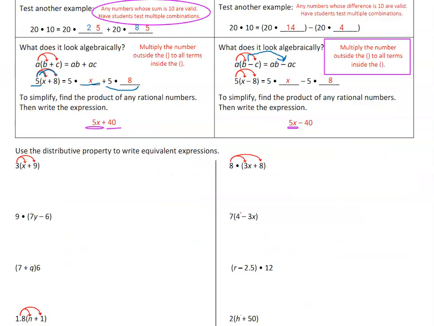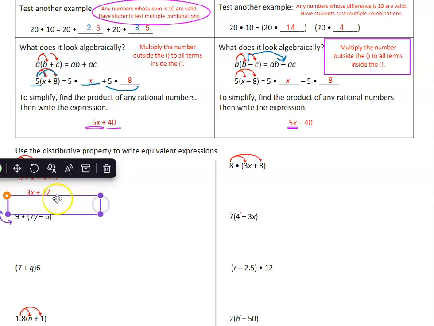Okay, we're going to use the distributive property to write equivalent expressions. So we are going to take the number that is on the outside of the parentheses and multiply it by everything in the parentheses individually or separately. So we're going to have 3 times x plus 3 times 9.